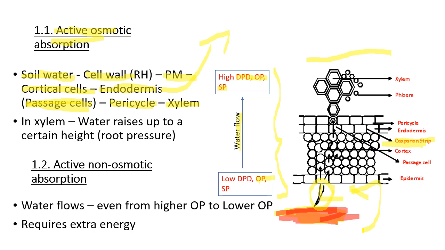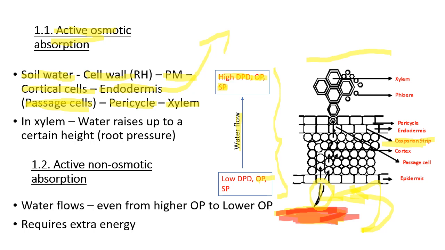As there is a difference in the osmotic pressure gradient, the root hairs develop a high diffusion pressure deficit and a suction pressure, and these two, DPD and SP, along with the osmotic pressure, facilitate the movement of water from the soil to the root hairs.